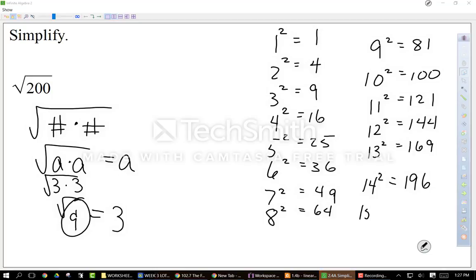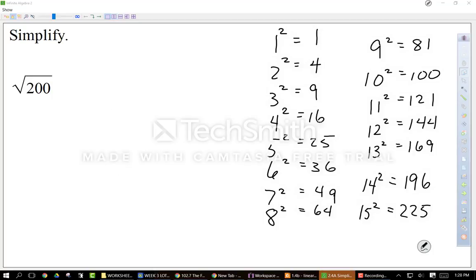And 15 squared is 225. Now, the more you use them, the more you're going to memorize them. You can go 16, 17, 18, 19, 20, and up through 25, 30, whatever. You don't have to memorize all of them because you're going to have a calculator. And I'll give you a sheet of paper as well during class. We'll have all the ones up through, say, 20 squared, up to 400.